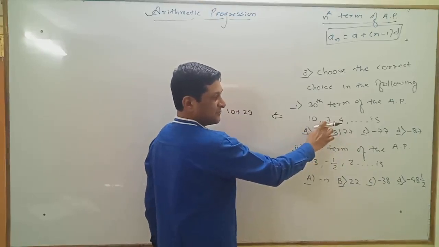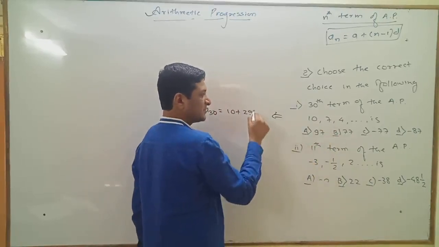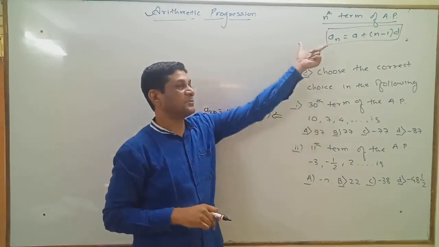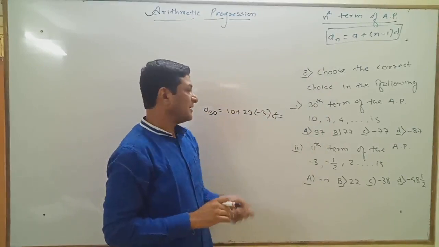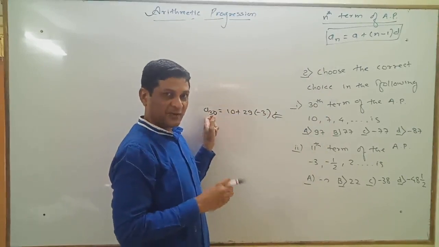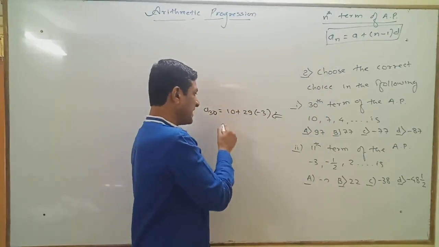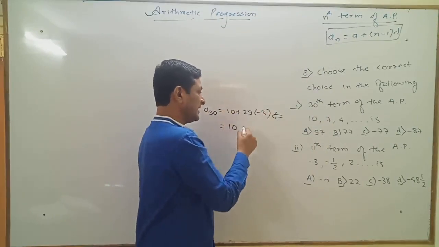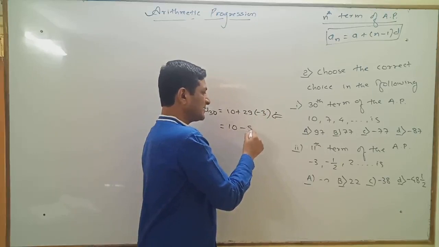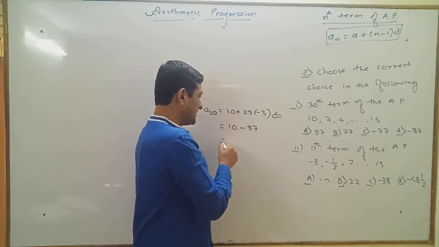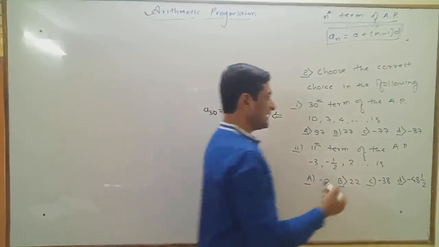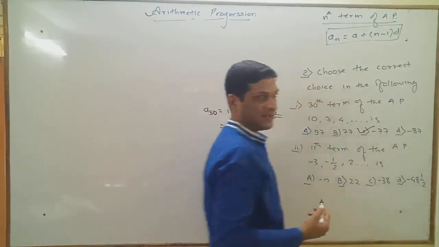What is this difference? 7 minus 10 is equal to minus 3. From the given condition, we have substituted the values in the formula. Using this, now we are finding the value of a30, the 30th term. The remaining part is simplification. Keep 10 as it is. 29 into minus 3 is minus 87, and 10 minus 87 is minus 77. So the correct answer is minus 77.